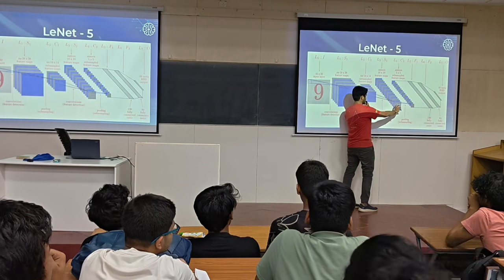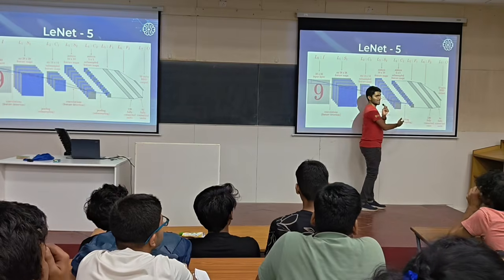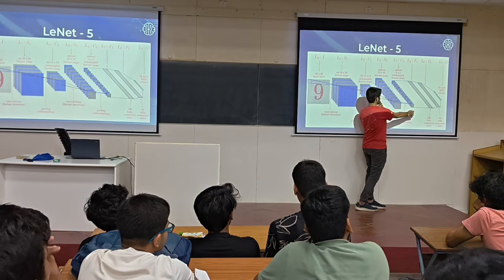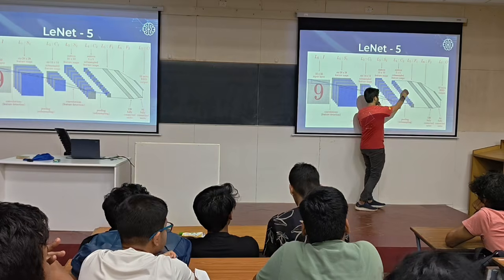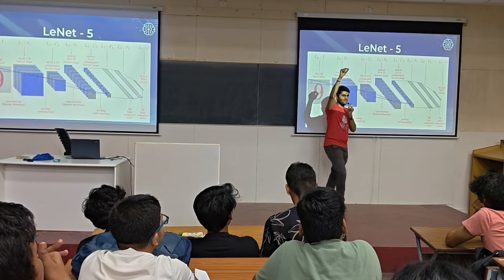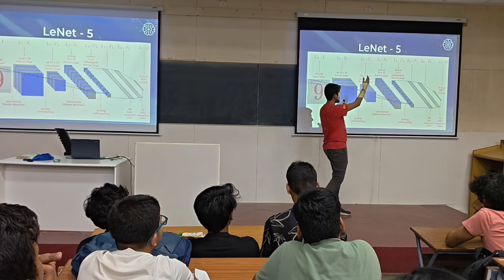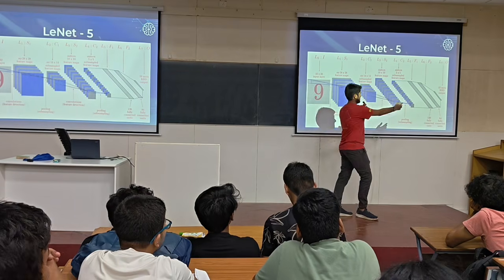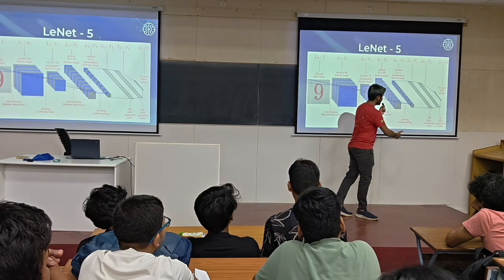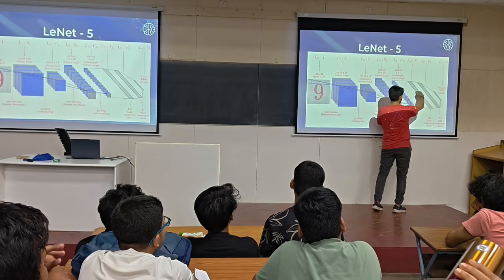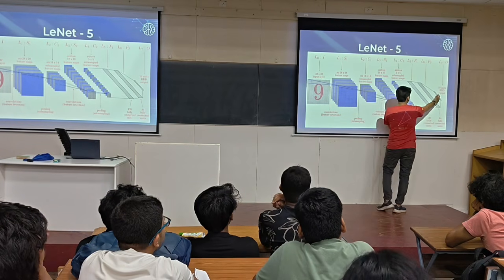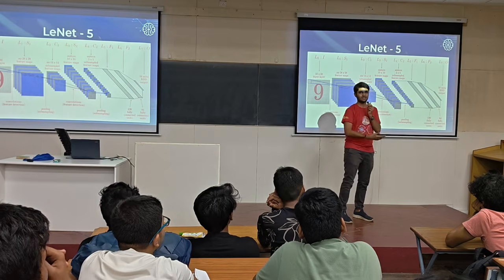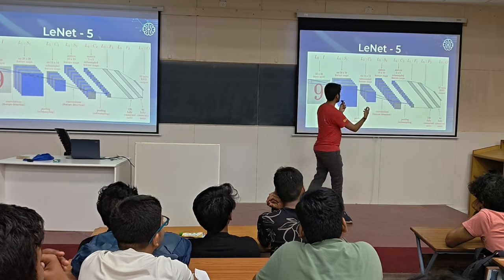You again subsample, pooling them using average pooling, and get 16 5 cross 5 feature maps. Now you make them into a long vector of input features, 400 input features. Then there's a regular neural network with 120 neurons in the next layer, then 84 neurons, and then 10 neurons for the output, which number it is, 0 to 9. This was the architecture.